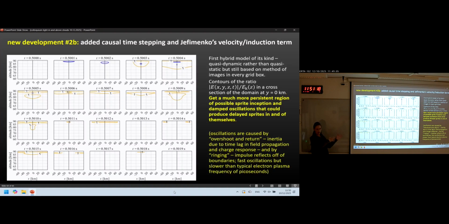It overshoots because there's a lag. It's being held back, so I use causality. And then it starts to pile up on that grid space. So it grows, but it overshoots the equilibrium value, and then I end up with these oscillations.